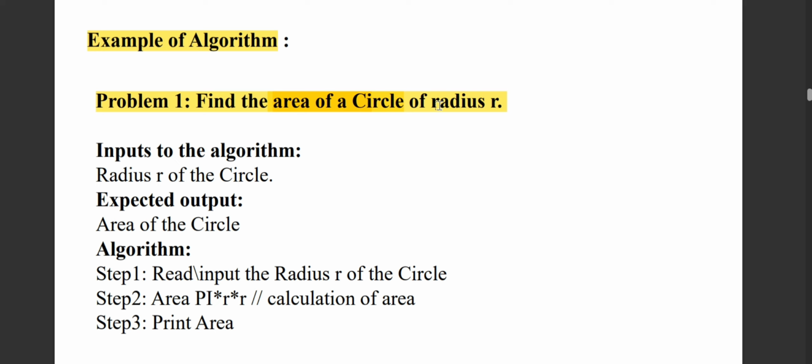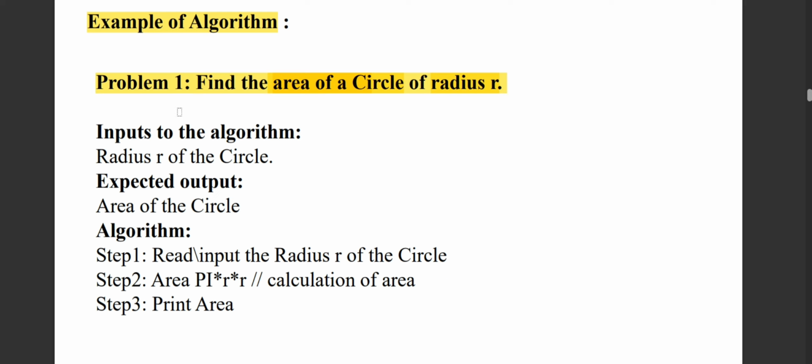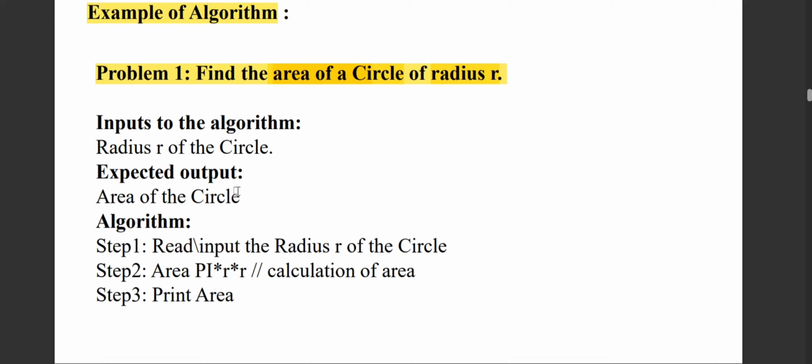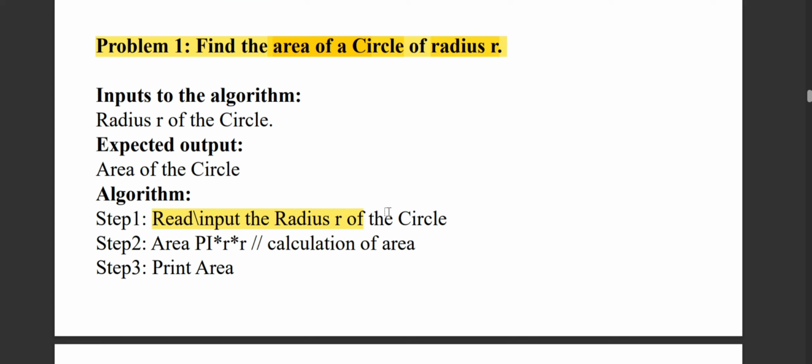And what will be the input? The thing required to get the output is called an input. So here the input will be the radius. Radius is the input and area will be the output. What are the steps that we should follow to get the area of the circle? The first step will be read input. The radius may vary.